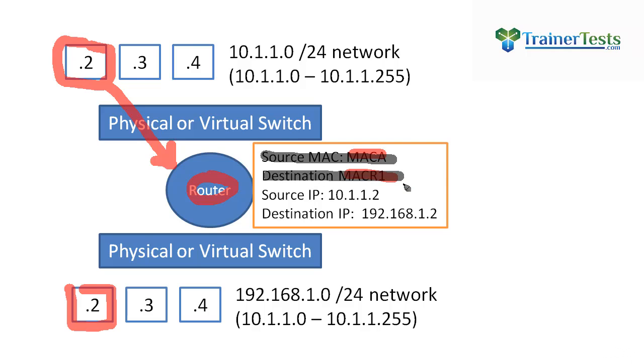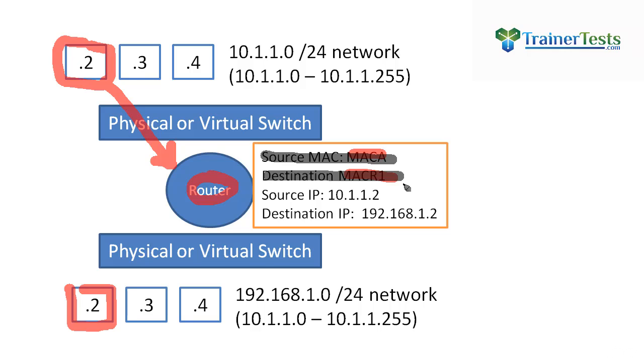And then at that point, the router will analyze the layer 3 headers. It'll dig one layer deeper. It'll see the source IP is 10.1.1.2, and it'll see that the destination IP is 192.168.1.2. And the router will realize that's not me. I'm not the destination IP, and this packet is not bound for me.